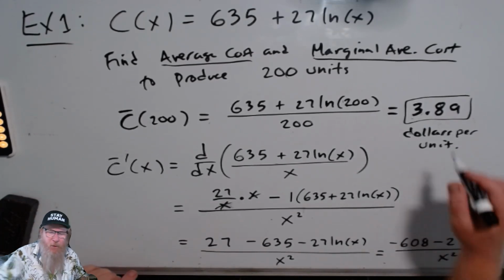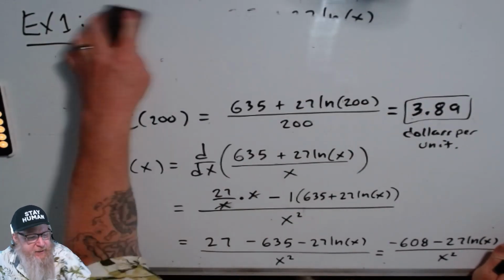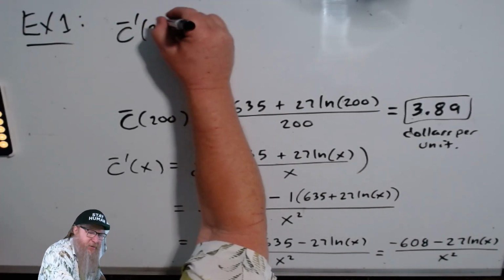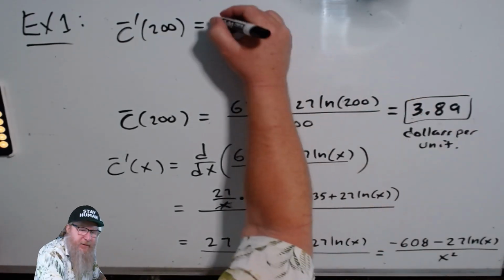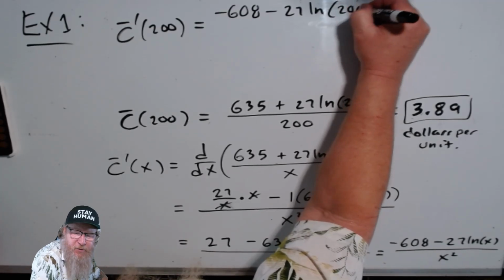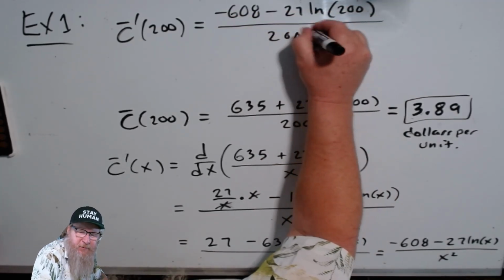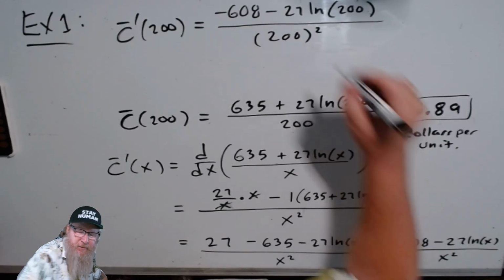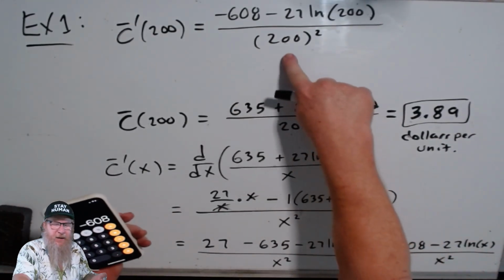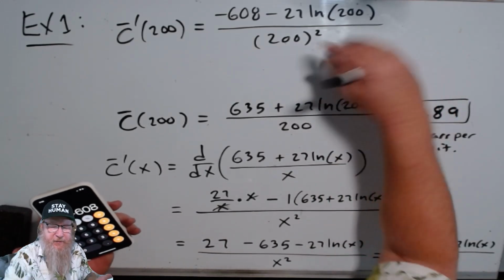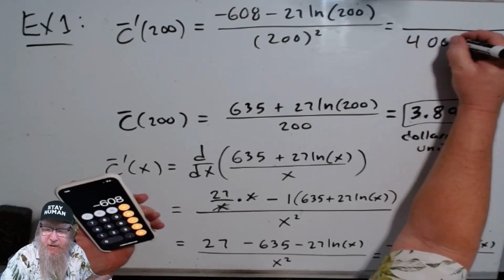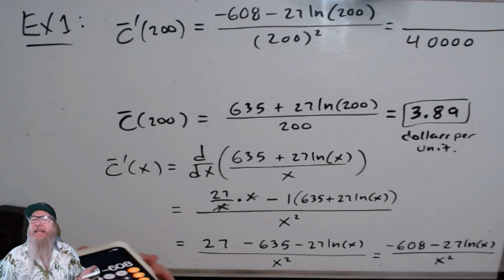All right, so now we can plug in the 200 units. C bar hat 200 units. Negative 608 minus 27 ln of 200 units over 200 squared. And again, you can just do this on the calculator. 200 squared is 4 with 4 zeros, so 40,000.